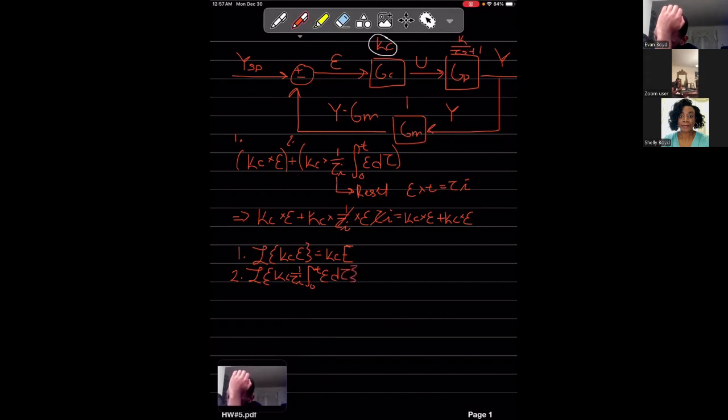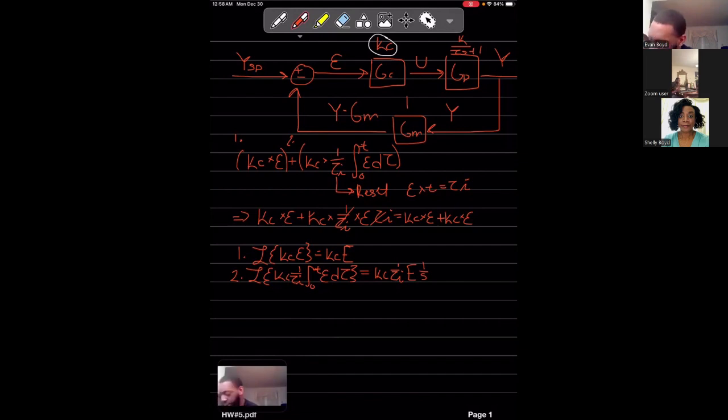Okay. We know that the Kc and the 1 over tau I will just stay the same on the outside, and the error will become a capital E. So we have a capital E, same as the top, and then we'll have 1 over S for the integral.